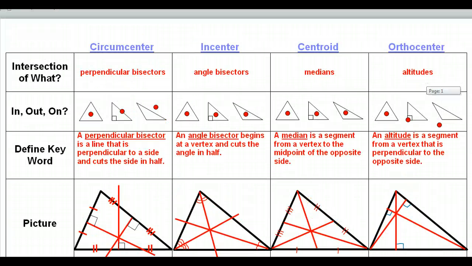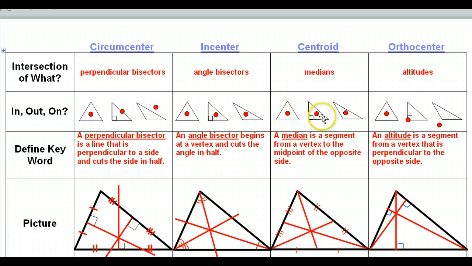So if you wanted to memorize it, it's easy to remember that incenter is always in, because of the word in, and whether it's an obtuse triangle or a right triangle, notice that incenter is always in. And maybe the fact that this is the centroid, you can hear the root word center in there, and that reminds you of being in the middle, which might remind you of being inside the triangle.